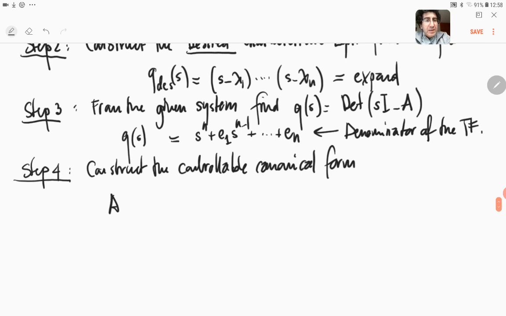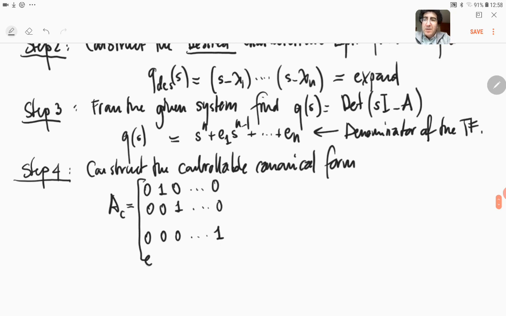So AC, the controllable canonical A matrix, is given by the specific structure that we have, with the coefficients being minus En, minus En minus 1, up to minus E1.